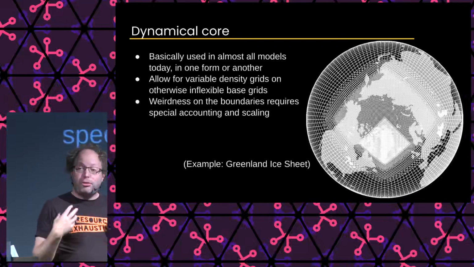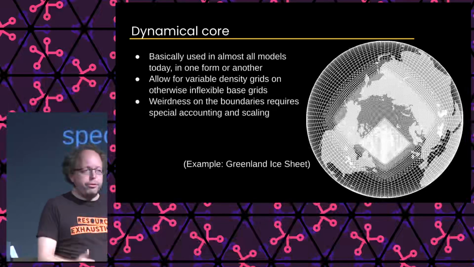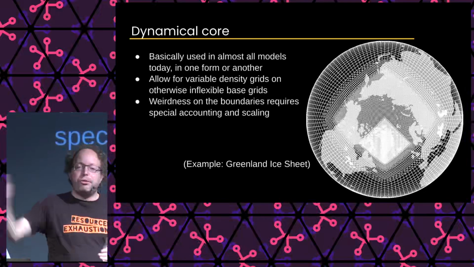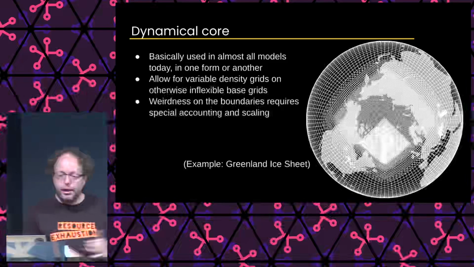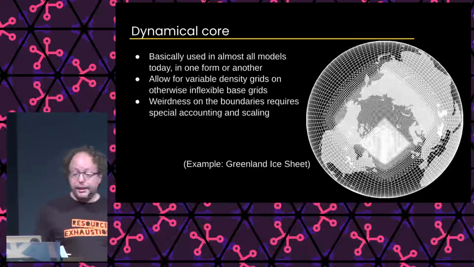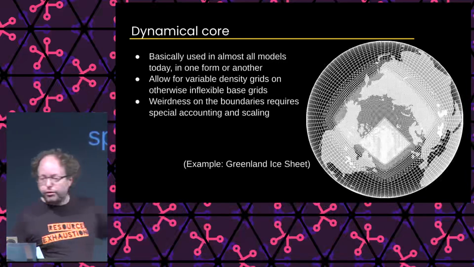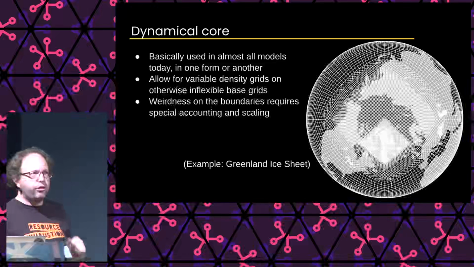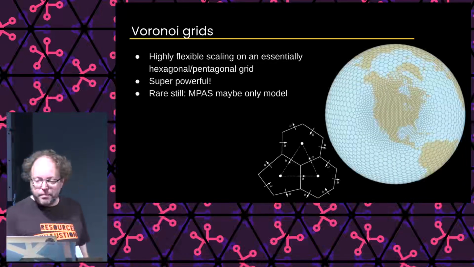In terms of the science, this is fine. In terms of running on a computer, this is atrocious because you need to do extra if statements and basically thrash your CPU cache. But this is actually used a lot. And of course, this one's just emphasizing the Greenland ice sheet. This is a picture from NCAR, the National Center for Atmospheric Research in the US. I'm using a lot of stuff from them in this.